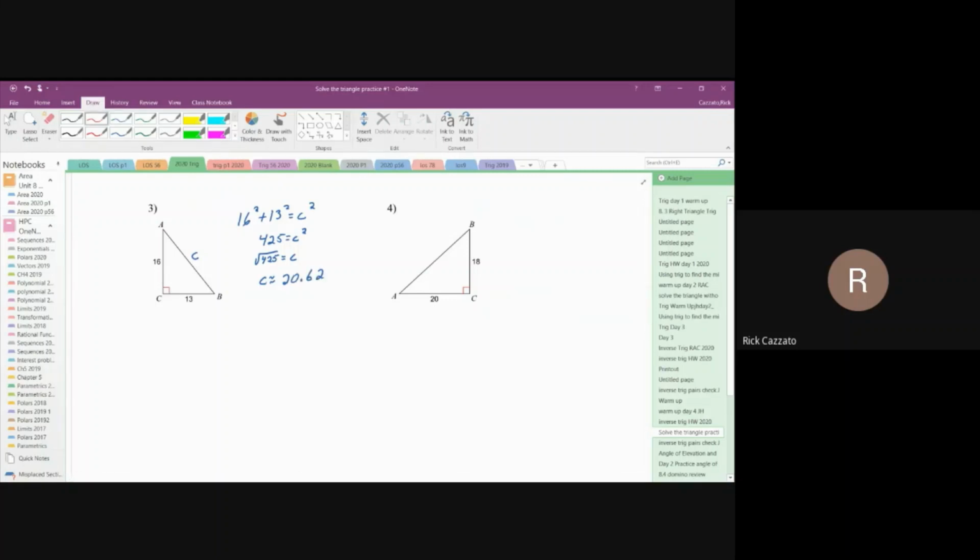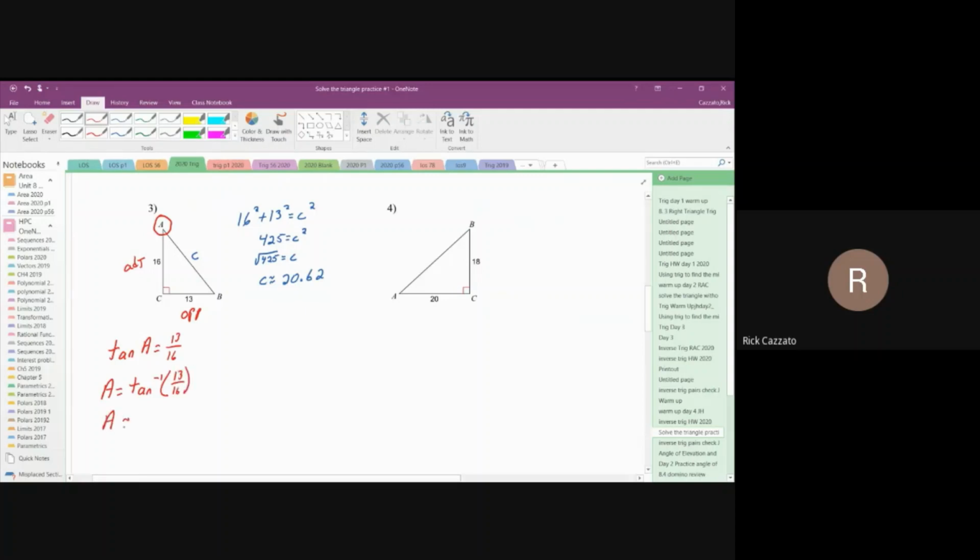I'm going to go back to inverse trig to find the angle. So if I circle angle A, 13 is the opposite, 16 is the adjacent. So that I would use tangent. So I could say the tangent of angle A is 13 over 16. So that means A is equal to inverse tangent of 13 over 16.